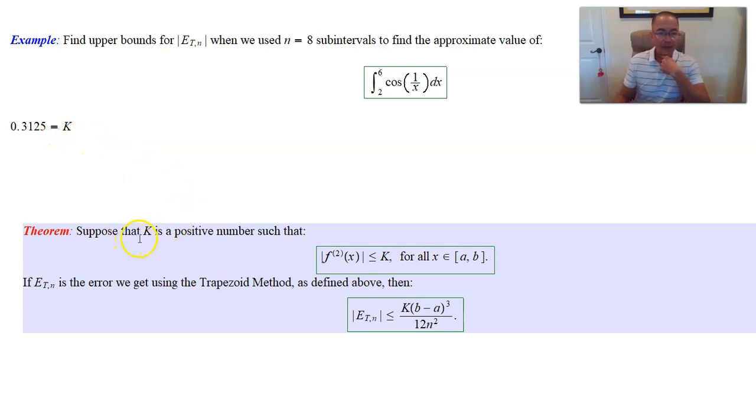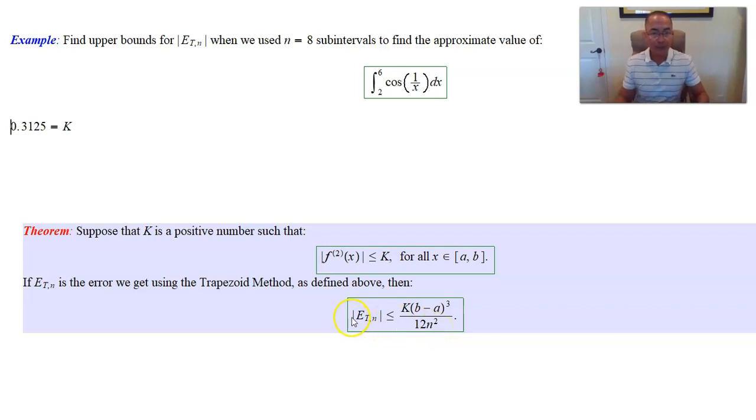The theorem says, if k is a positive number so that the absolute value of the second derivative is at most k for every number between a and b, and E sub T n is the error that we get using the trapezoid method, then the absolute value of the trapezoid method error is at most k multiplied by b minus a cubed, the width of our interval cubed, divided by 12n squared.